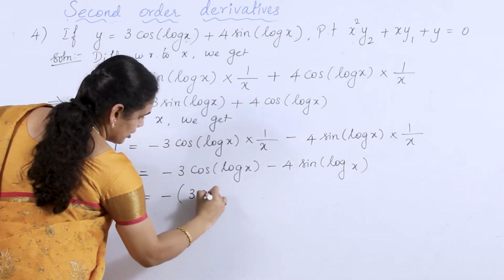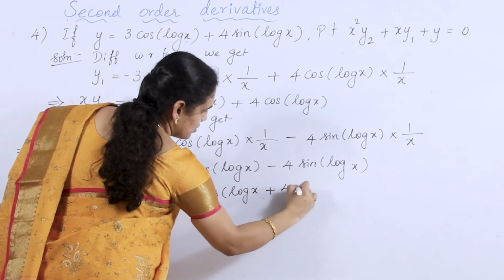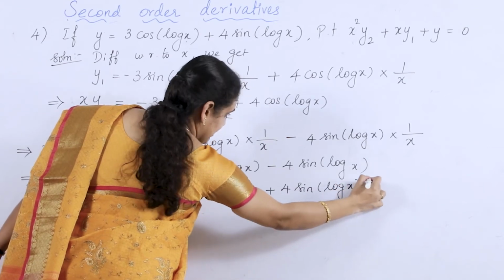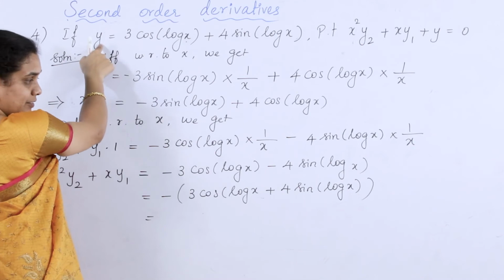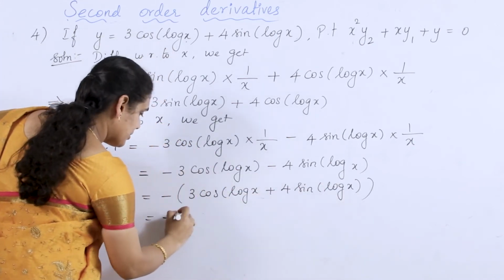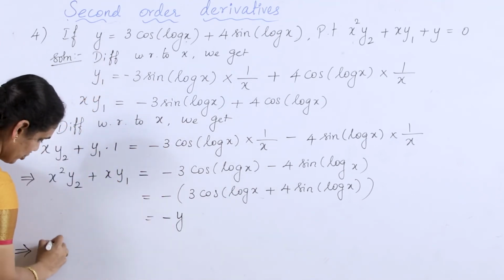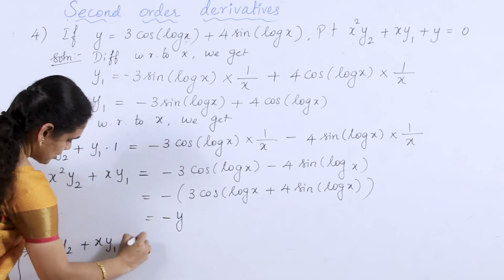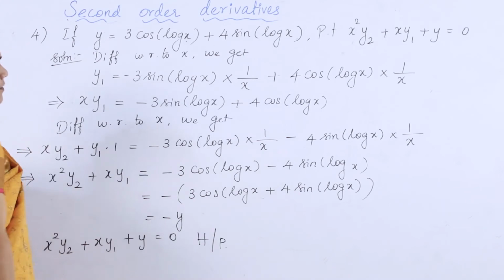So this will be 3 cos log x plus 4 sin log x, and here it is nothing but our y. It is given in the question, right? So we can replace this with y and bring this y to the other side. So you get x square y2 plus x y1 plus y is equal to 0. So hence proved.